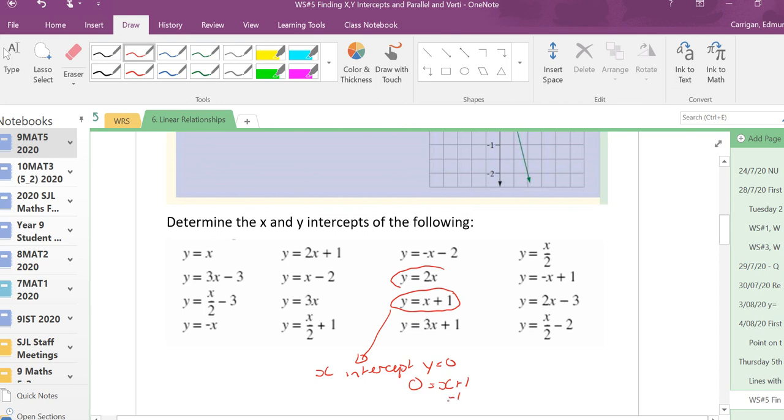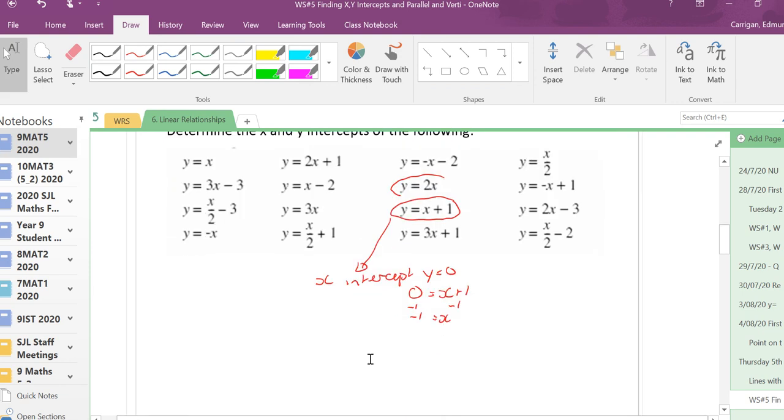If we subtract 1 from both sides, we have -1 = x. And then to find our y-intercept, x equals 0. And so y = 0 + 1, y = 1. So our points would be (-1, 0) when y equals 0, and our other point would be (0, 1). So have a go at these problems.